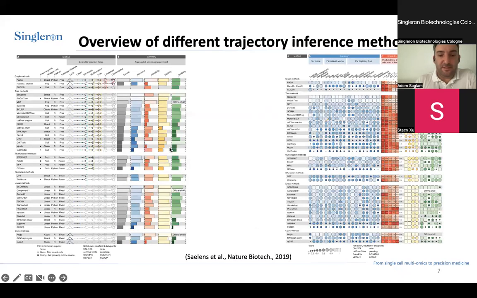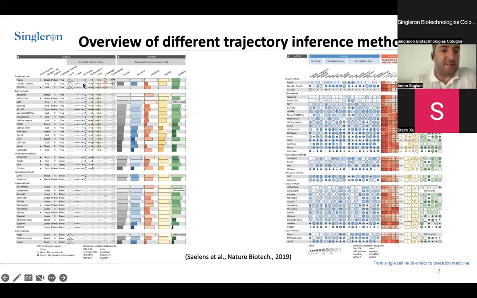Again, in the same paper, you will see a very good extensive list of different tools that can be used for doing trajectory analysis, whether they are Python-based or R-based. I'm also going to talk about RNA velocity or scVelo. This one is Python-based and Monocle is R-based.